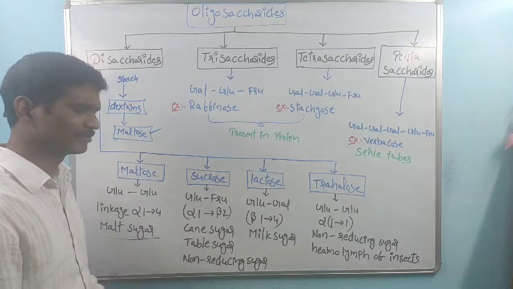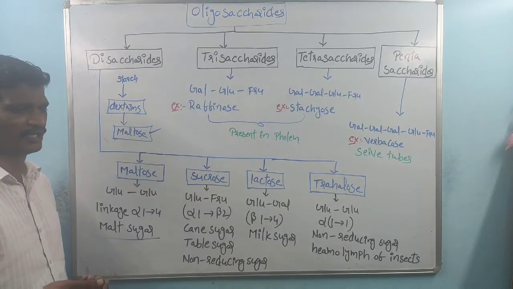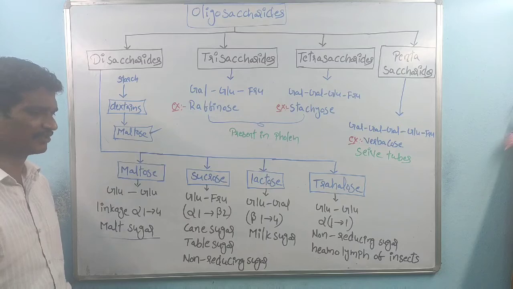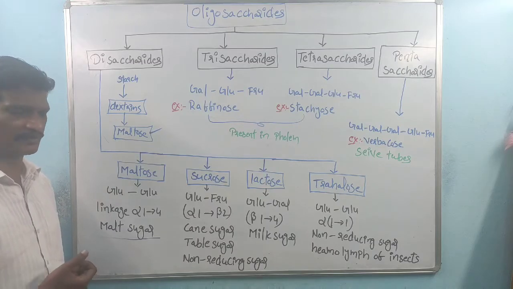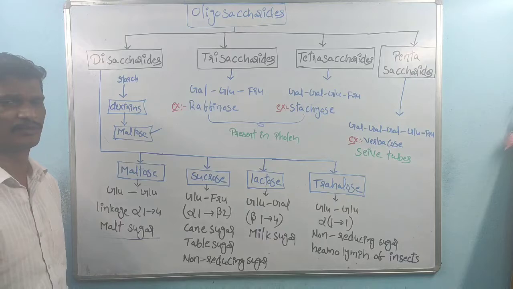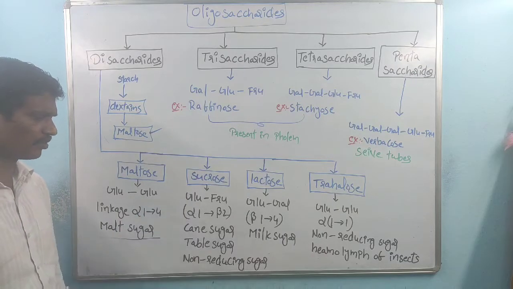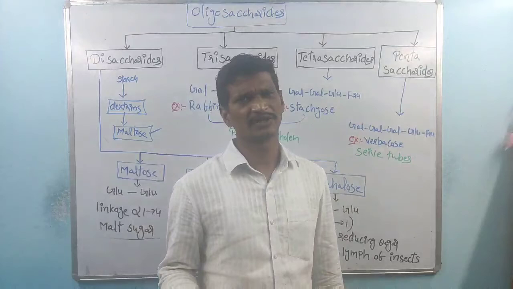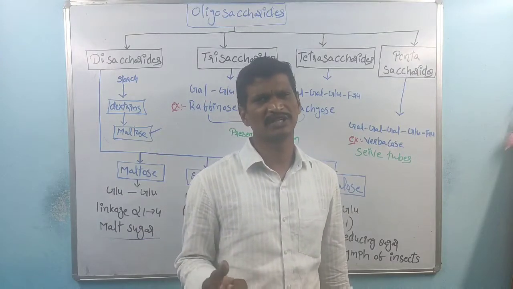This one is also called table sugar, what we use at home for making coffee or tea and different types of sweet substances. That is nothing but table sugar. So sucrose is also called table sugar, because the cane sugar is subjected to a preparation process and finally we get the sugar.